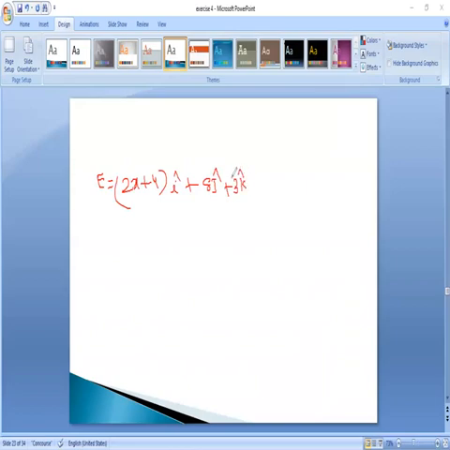So this is given for electric field intensity. And finally, they're asking us to calculate the net charge enclosed by the cube.